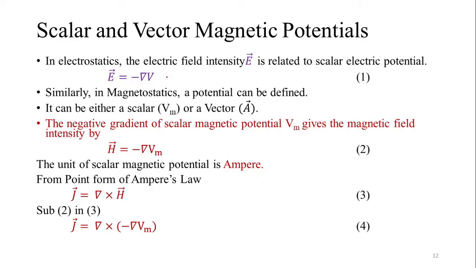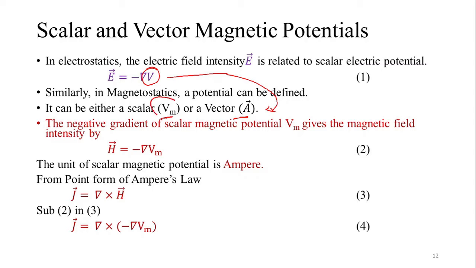Similarly, we can form an equation which relates magnetic potential with magnetic field intensity. The potential may be a scalar or a vector.